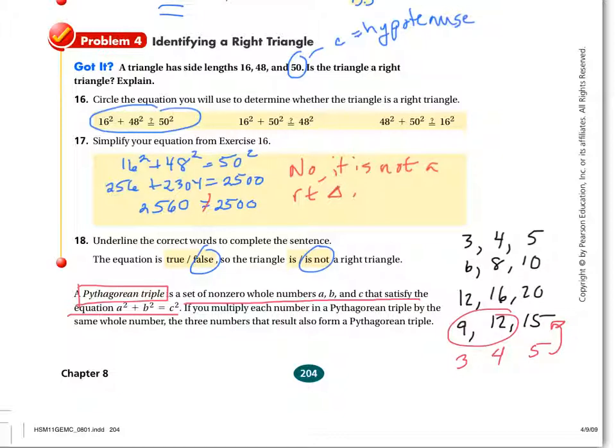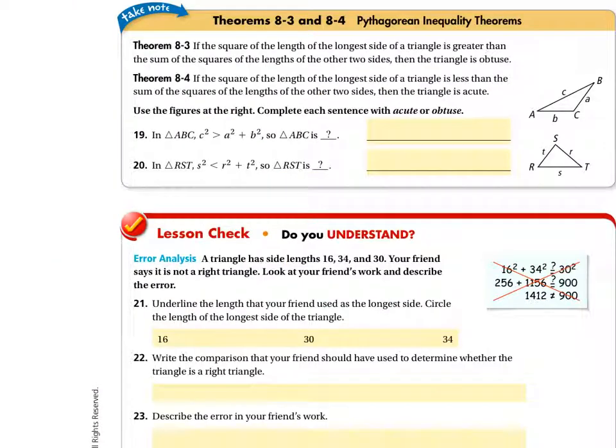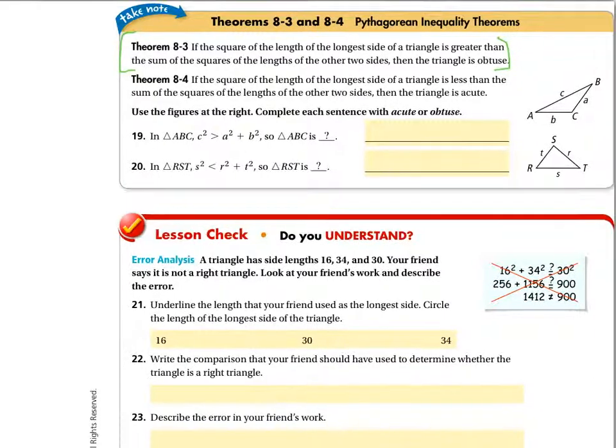Okay? All right, last page. So last page has theorem 8.3 and 8.4, the Pythagorean inequality theorems. It's an interesting theorem. And the first one says, right here, if the square of the length of the longest side of a triangle is greater than the sum of the squares of the lengths of the other two sides, then the triangle is obtuse.